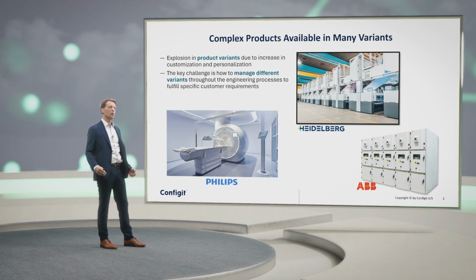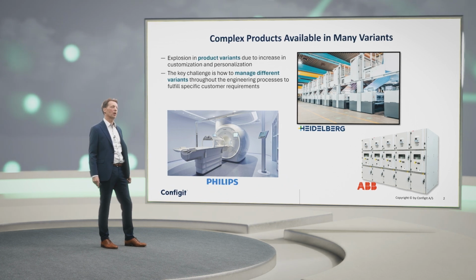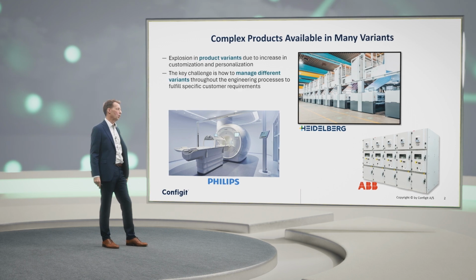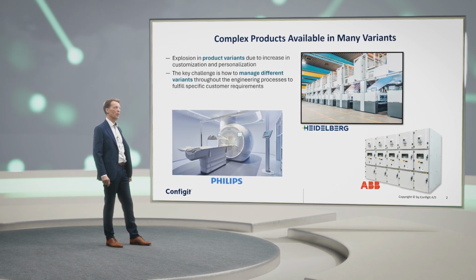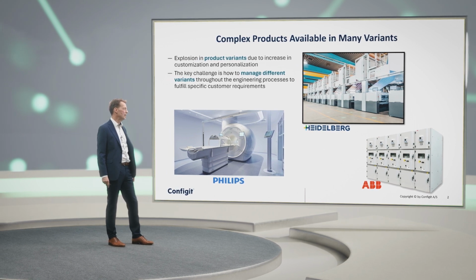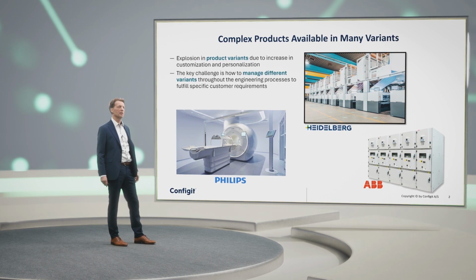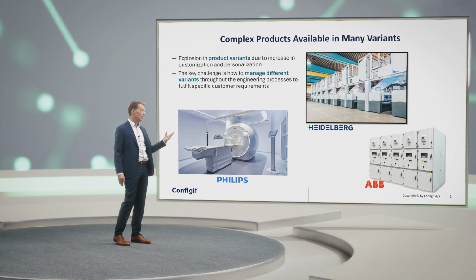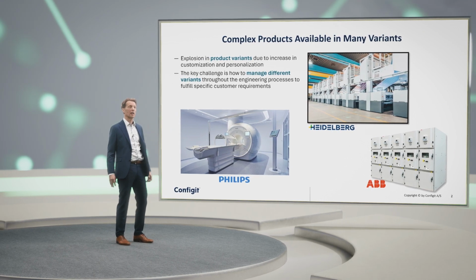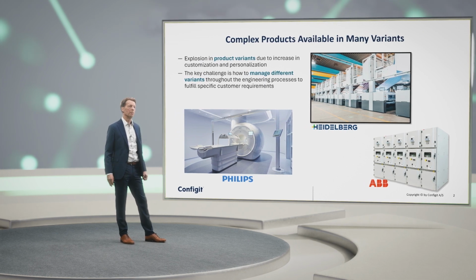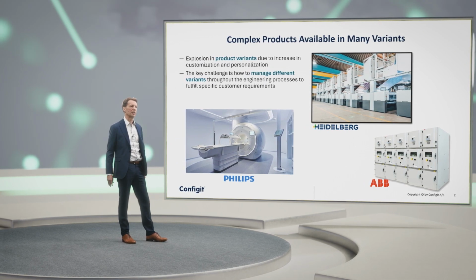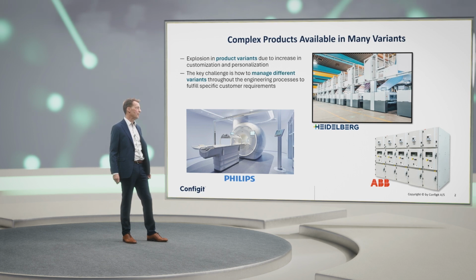So the products that we are dealing with are complex products. I have included here a couple of examples from our customers of what this means. This could be an MR scanner from Philips. It could mean a complex printing machine from Heidelberg Druckmaschinen, or it could be a complex set of components that makes up an electrical switchgear from ABB.